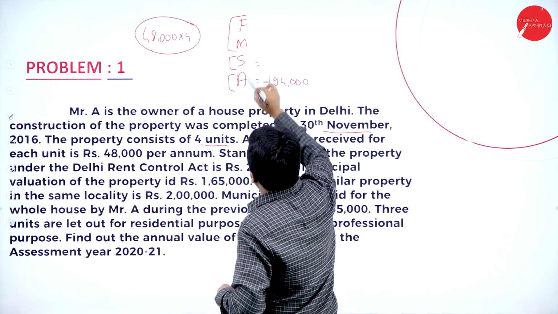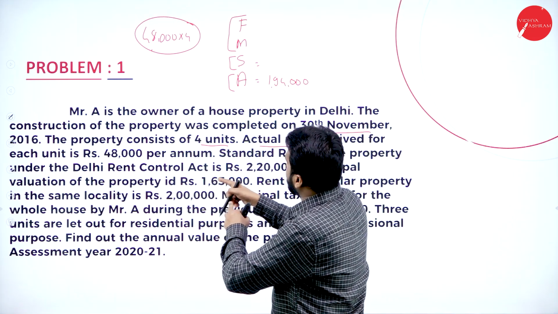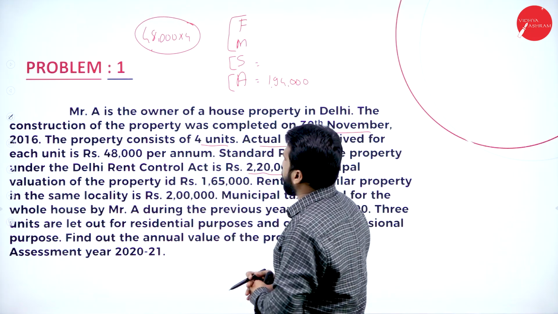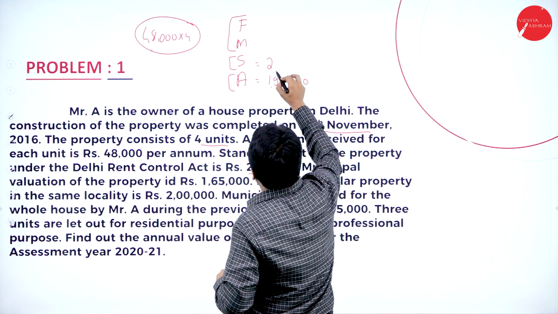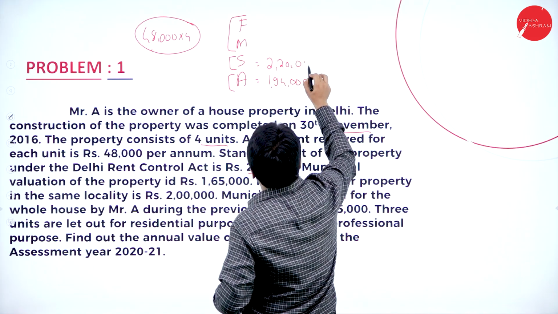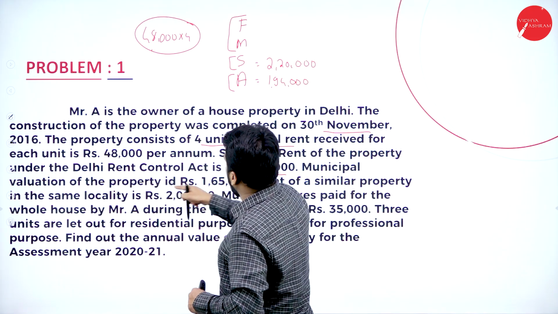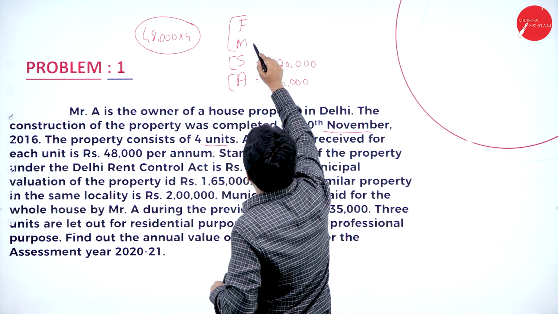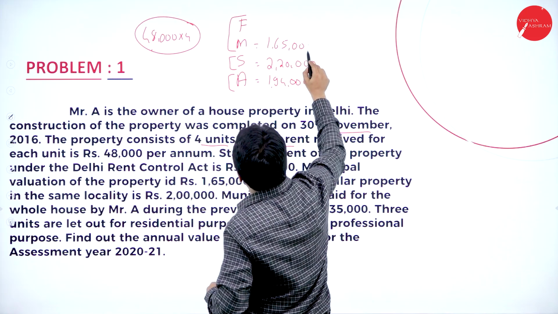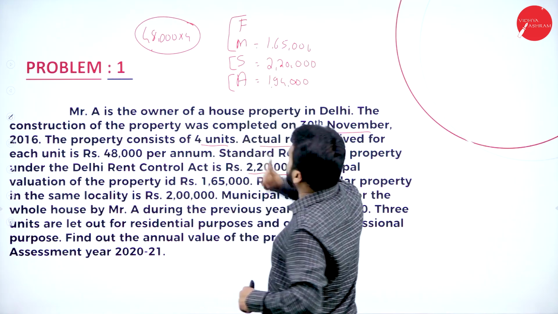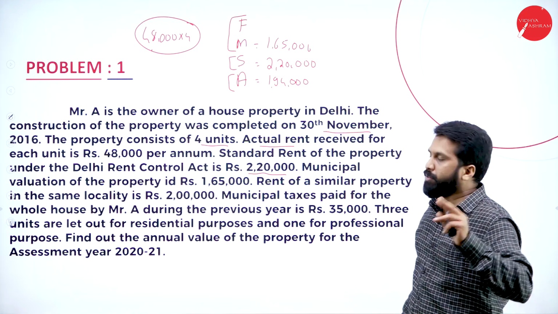This is done. Now, the standard rent of the property in New Delhi control is 2,20,000. What is the standard rent? 2,20,000. Now, the municipal valuation of the property is 1,65,000. Municipal valuation 1,65,000. Make this a formula or code so that it is easy to fill and easy to do.